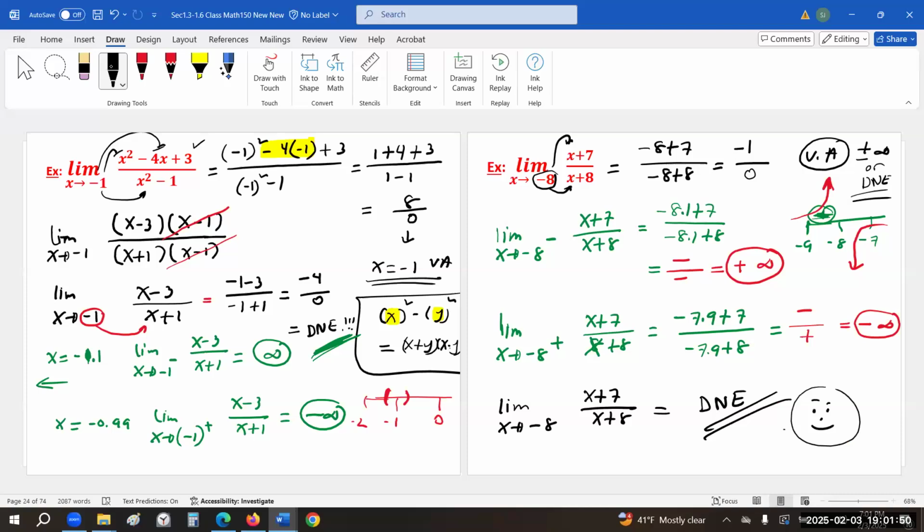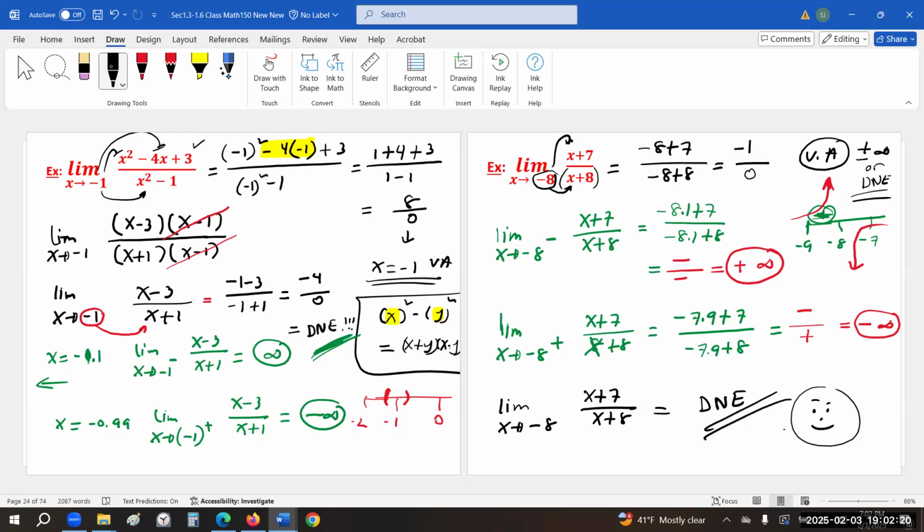You know the trick? Let me tell you the trick. The trick to verify your answer is if you can remember one thing. If the denominator has a power of 2, then the limit will exist. But if your variable has a power of 1, then the limit doesn't exist. In other words, if your factor has an even power, the limit actually exists usually.